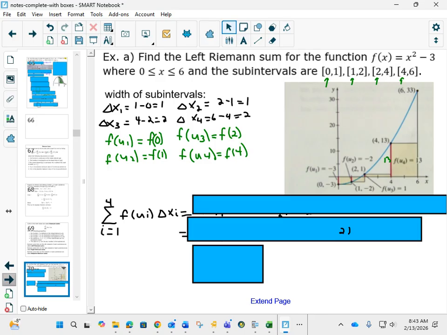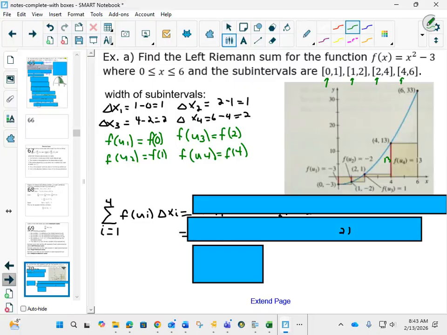In our sum notation, what am I doing here? I'm doing from 1 to 4. I'm plugging in my left values. So in this case, the x sub i is standing for all of our left values, times change in x. And I have a little i with that now because my change in x is changing depending on if I'm on the first interval, the second interval, the third interval, or the fourth interval.